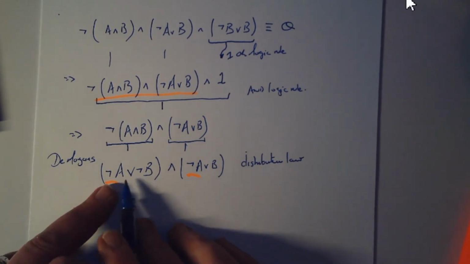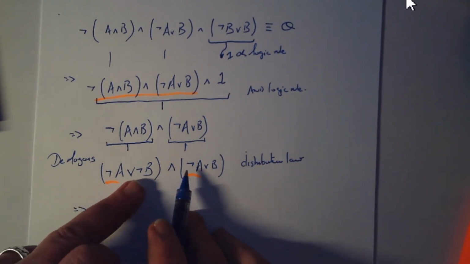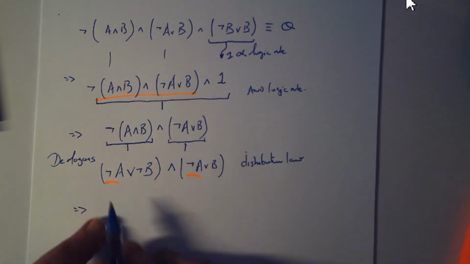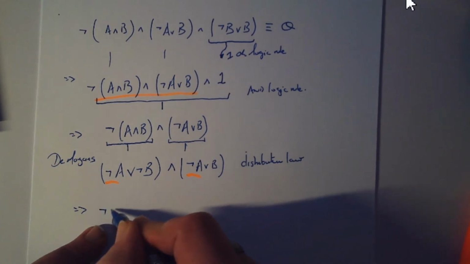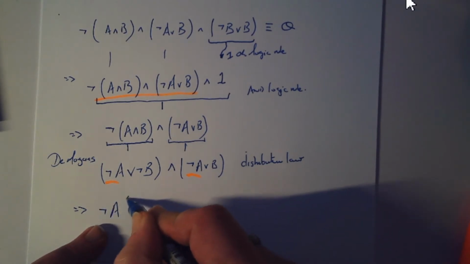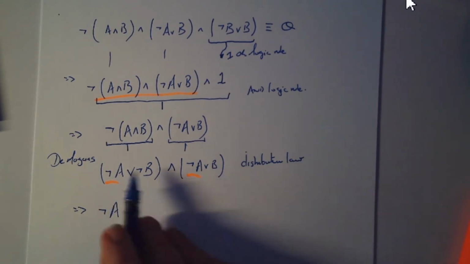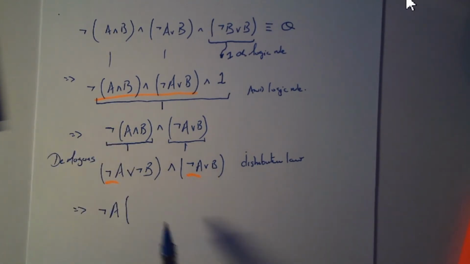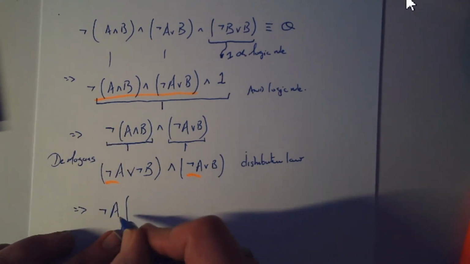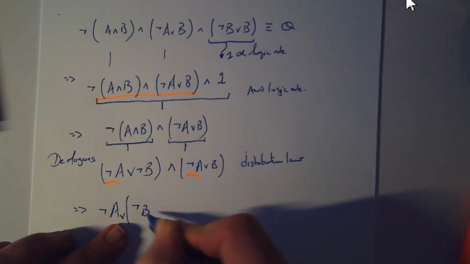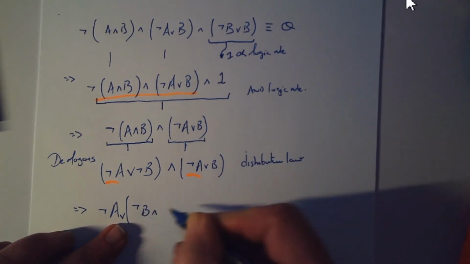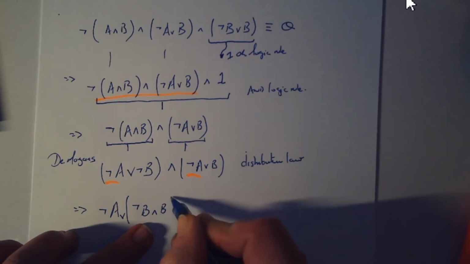We're taking our expressions and factorizing back to what we would recognize as the distribution law. So I'm going to take negative A out, because that's a term that's common to our two expressions here in the brackets. We're going to end up with an OR there, and we're going to have negative B ANDed with B, essentially.